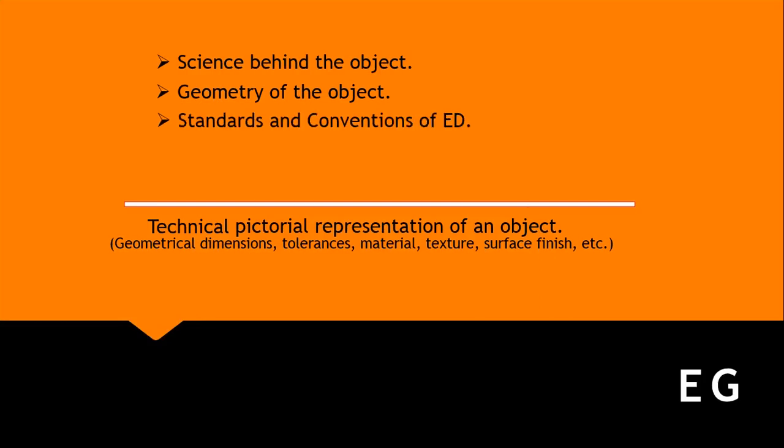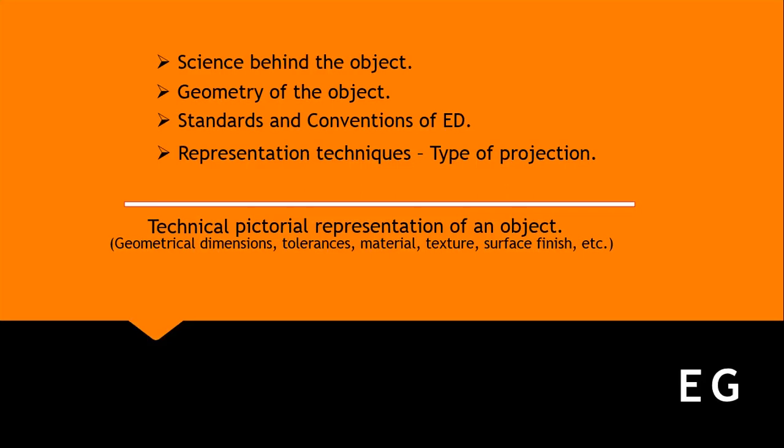The student should know about the standards and conventions that are generally used in engineering drawing. Why? Because these drawings will be given to some other engineer. That engineer has to understand what this person wants to say. So there should be some standardization. There are standards. Students have to follow these standards. And the student should know about different representation techniques, especially projections, types of projections.